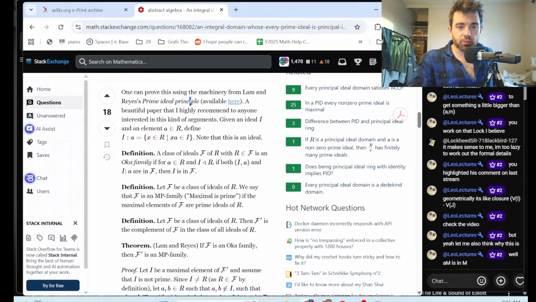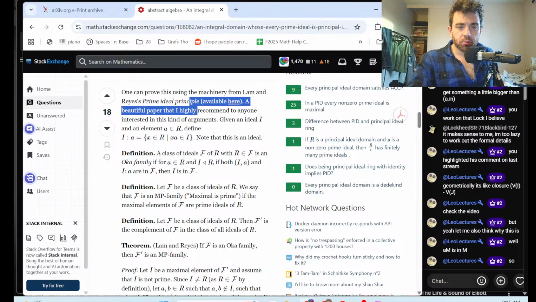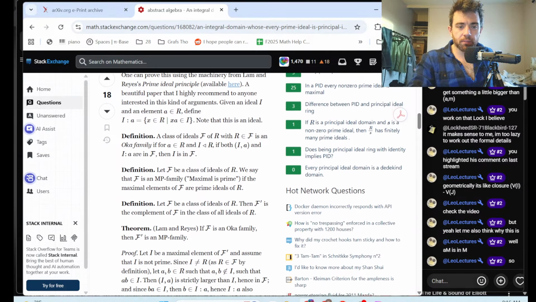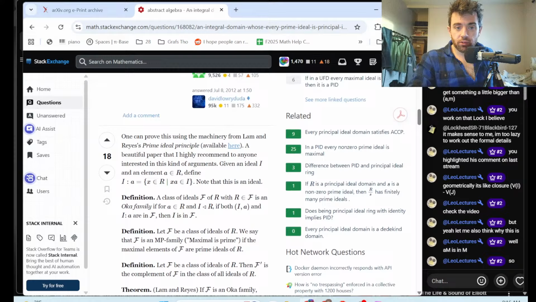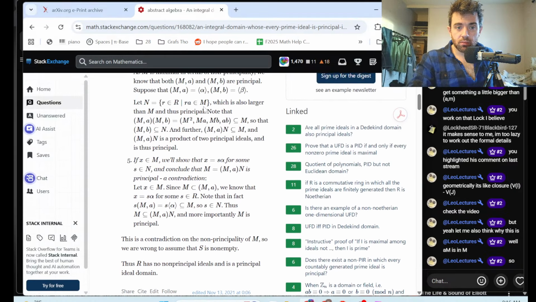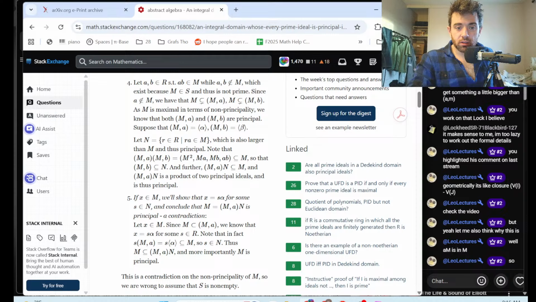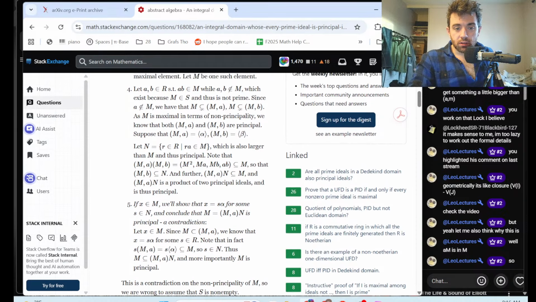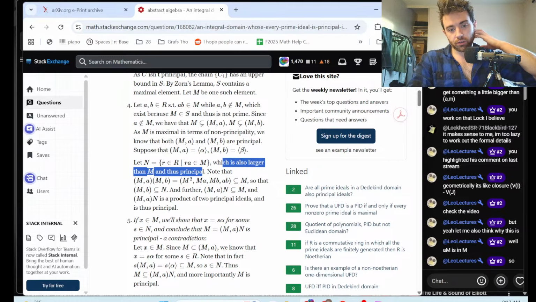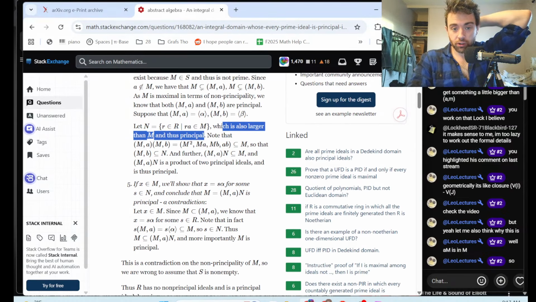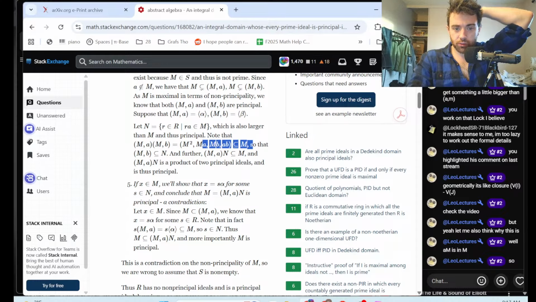We can prove it using some machinery. Beautiful paper. Given an ideal, define... this is what you mean, the colon ideal. I see. Well, A times M is in M. Oh, right. Sorry. Okay, I'm back on board. Therefore, it's principal. Sure.